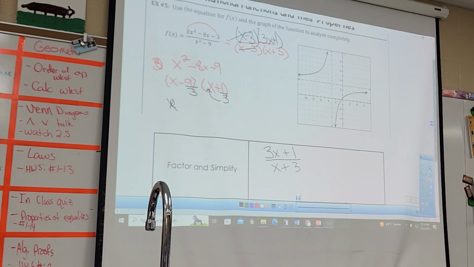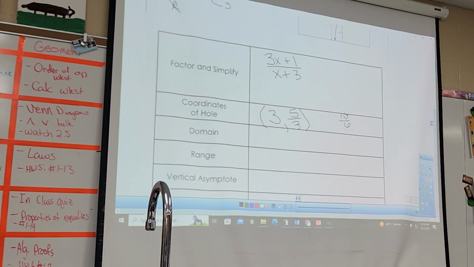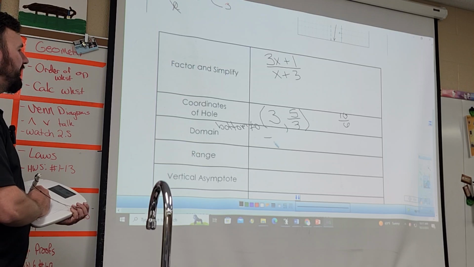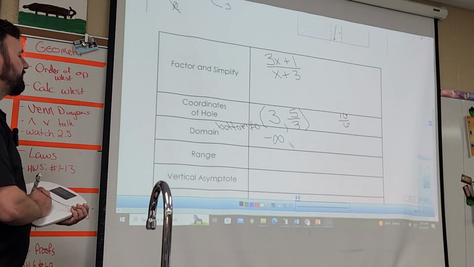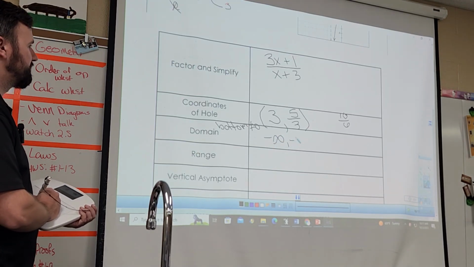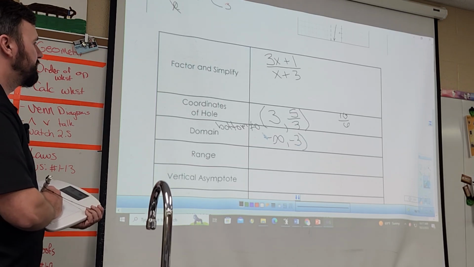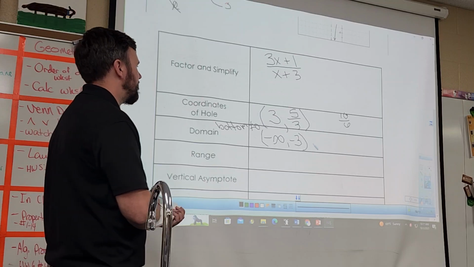Domain, remember, the denominator can't equal 0. So when does it equal 0? At -3. Can I include that -3? Heck no. That's an asymptote.